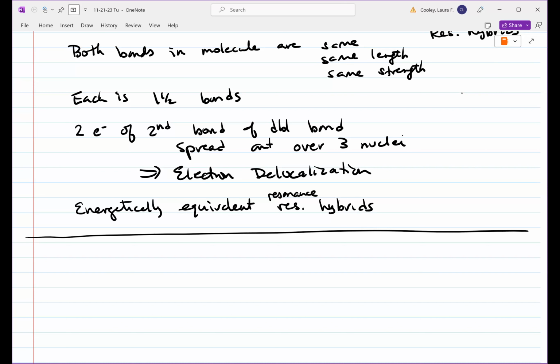They have octets on all the atoms, and they have duets on hydrogen. So you might be able to write two different Lewis structures that are both legal, and we consider them resonance forms, but one will be more important than the other because it will be more stable.